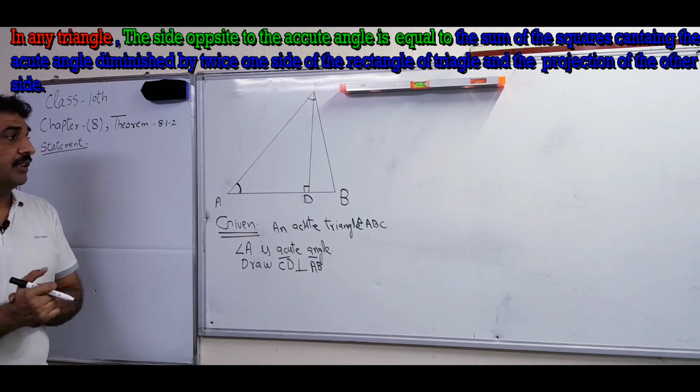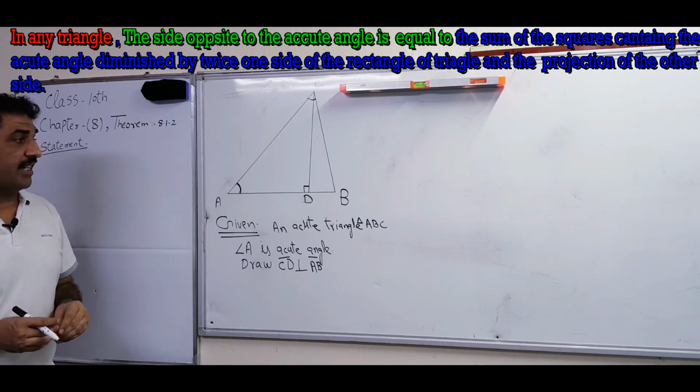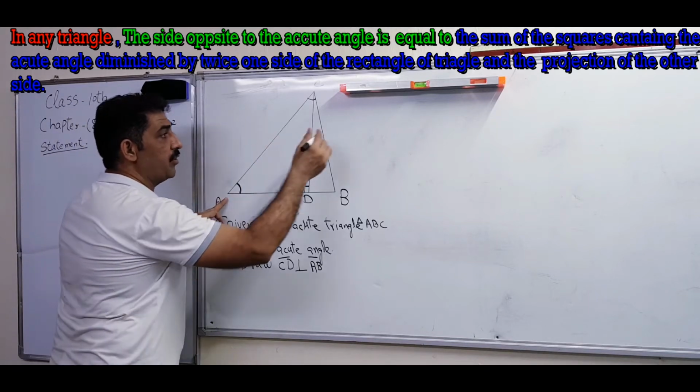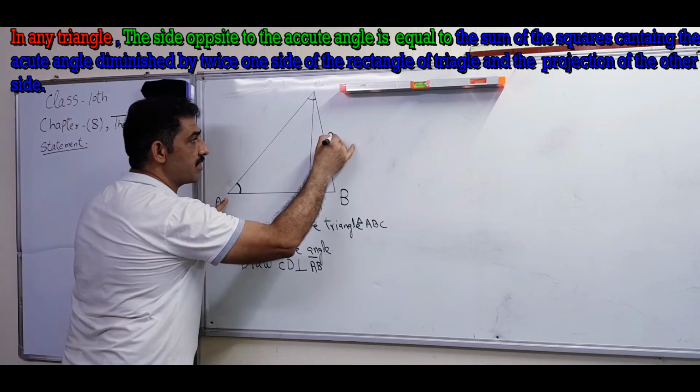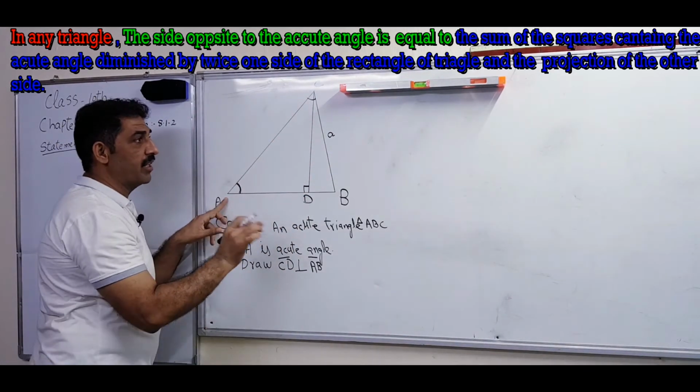After that, as we already assumed before, the names of the sides. The side opposite to this A, we assume its name is small a. Neglect the perpendicular here, don't name the perpendicular.